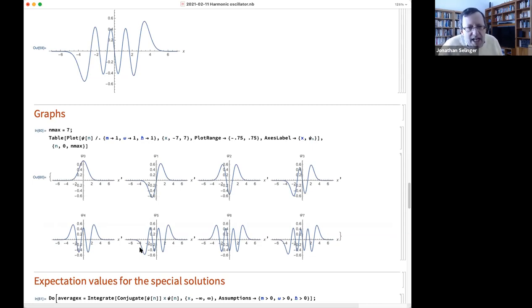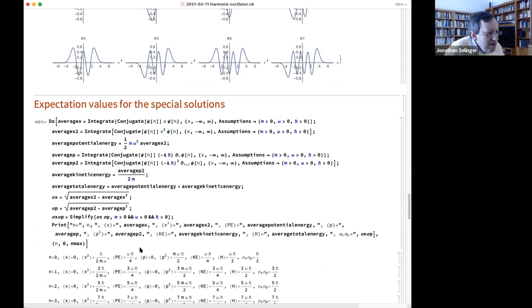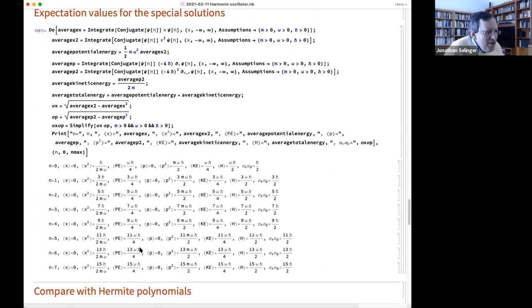So now we can keep on doing all the stuff that you're familiar with from the particle in a box. We can calculate expectation values, the same as you're familiar with. I made a little loop here to calculate expectation values. For each state, what's the average x? It's always 0. What's the average x squared? It's not always 0. It keeps getting bigger.